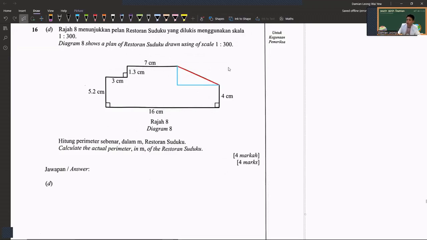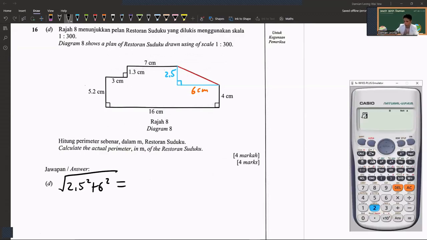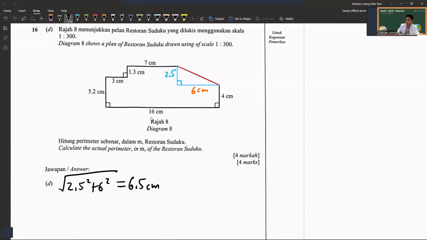The whole height, 5.2 plus 1.3, is 6.5. Here is 4, so here 2.5. This length, here is 3, here is 7, so 10. The whole thing is 16, so here is 6 cm. So with 2.5 and 6, I can find this length using Pythagoras theorem. The square root of 2.5 squared plus 6 squared is 6.5 cm.